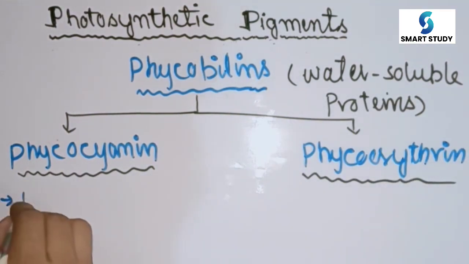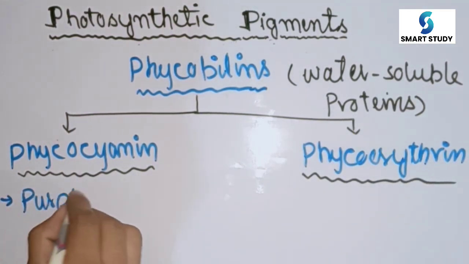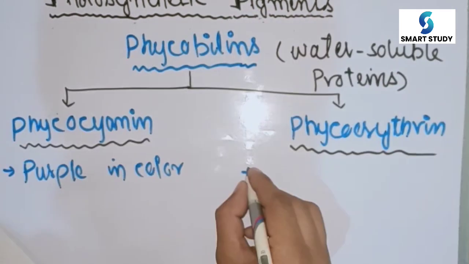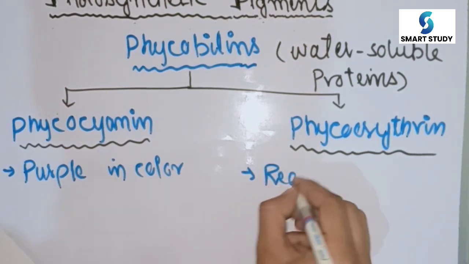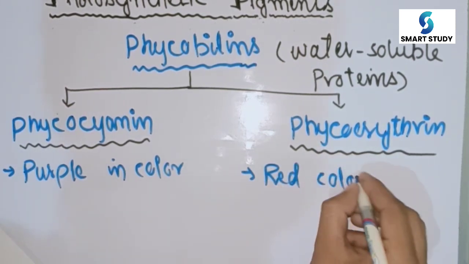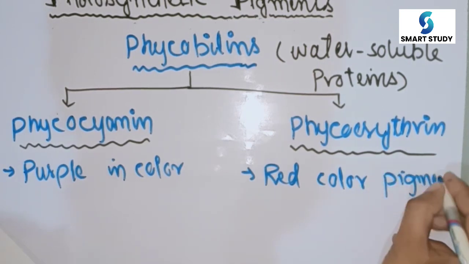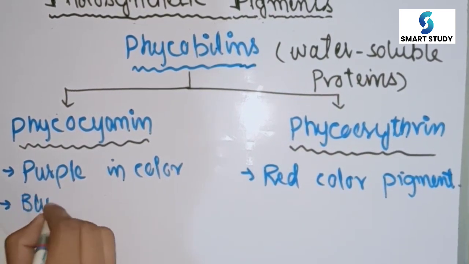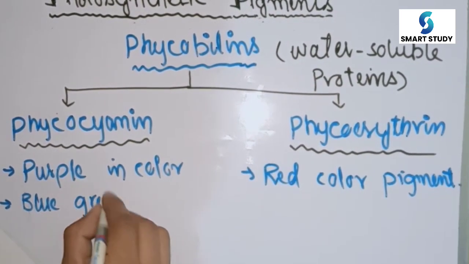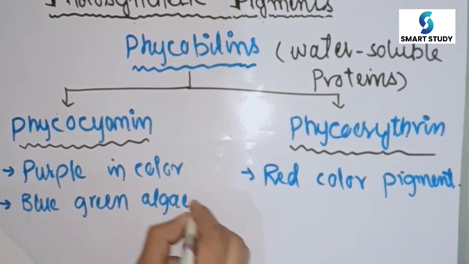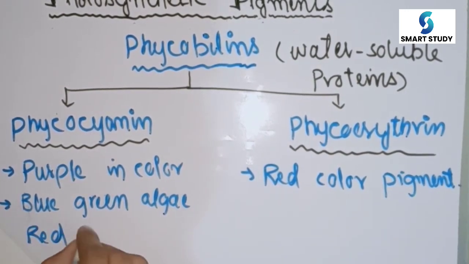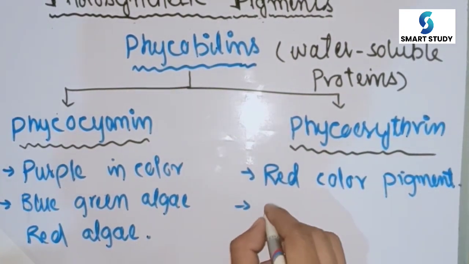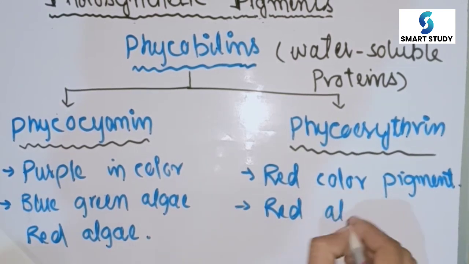Phycocyanin are purple in color, whereas phycoerythrin are red color pigments. Phycocyanin are found in blue-green algae and red algae, whereas phycoerythrin are only found in red algae.